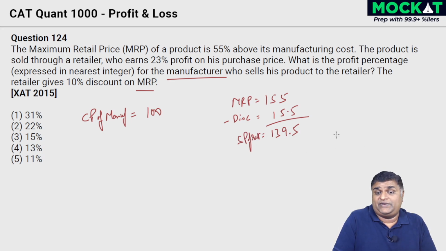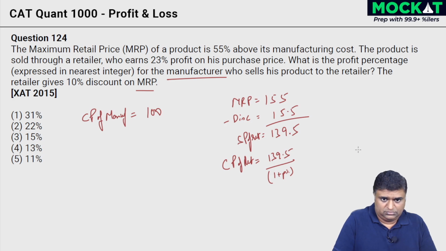If selling price of retailer is 139.5, then what is the cost price of retailer? Cost price of retailer is nothing but 139.5 divided by 1 plus profit percent, right? The profit earned by the retailer, and that is given to us as 23%.